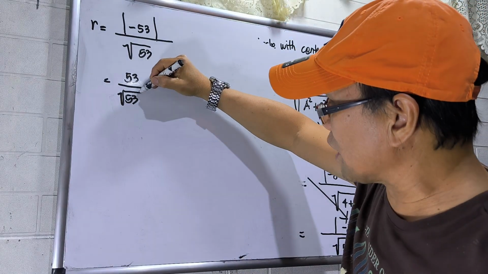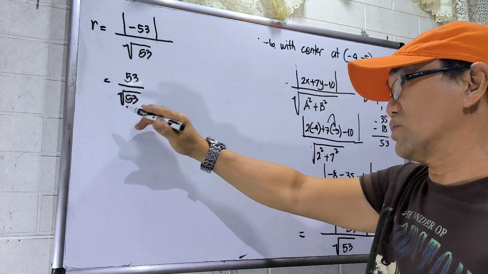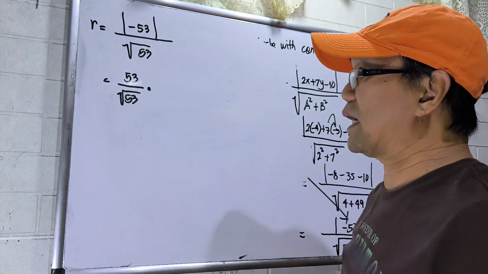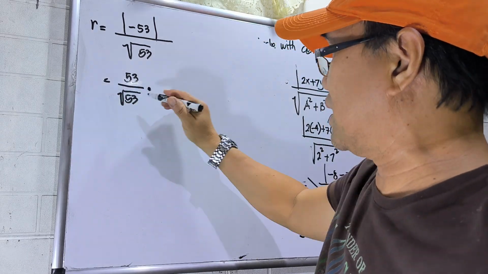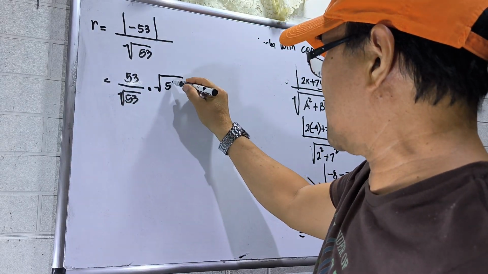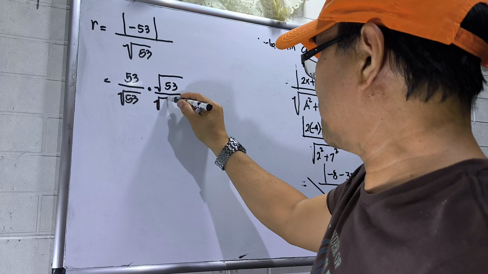Since we have a square root in the denominator, we rationalize by multiplying by the square root of 53 over the square root of 53.